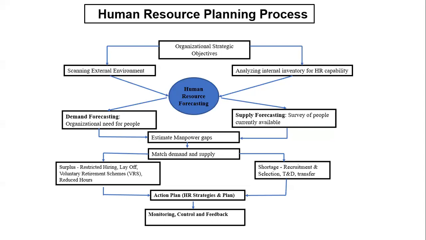Now, to do this, he has to go through a series of steps and activities. And that is what we call the human resource planning process. In this planning process, the first component is what we call organizational strategic objectives. Simply put, corporate objectives. Better still, organizational objectives.